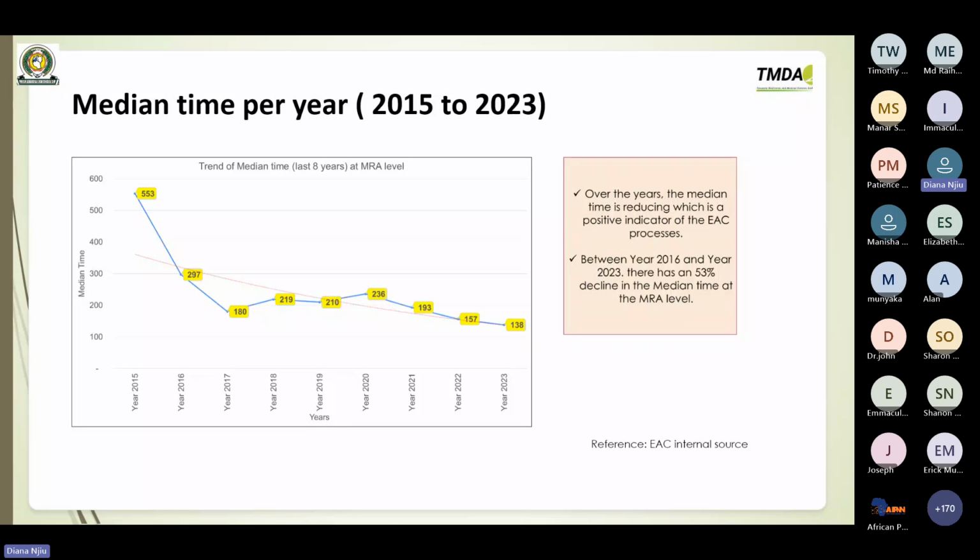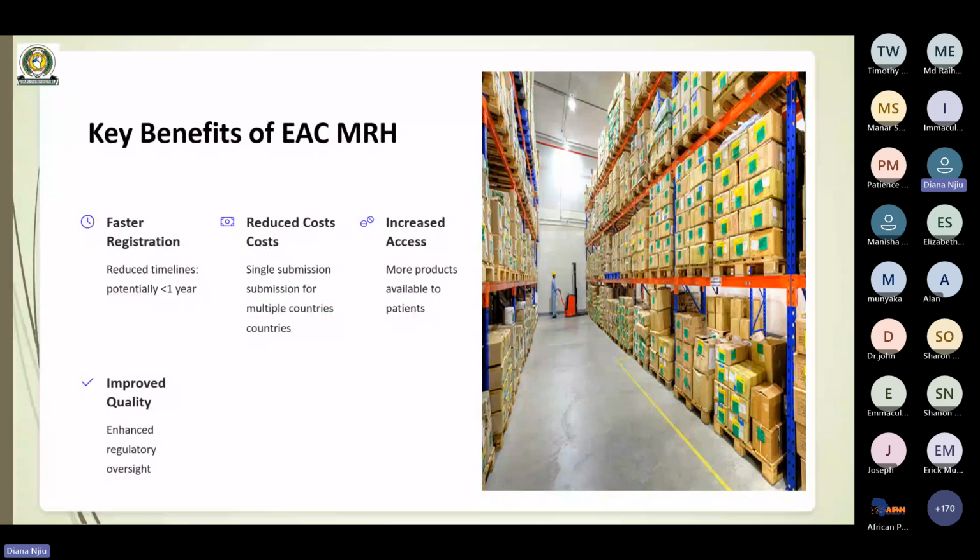So what are the key benefits of the EAC MRH? As we have said, faster registration, reducing timelines for registration, at least less than a year, 6 to 12 months. And also reduced cost. If we are aiming at having a single submission for multiple countries, it means there'll be just communication to the local technical representatives, ensuring that all the issues are resolved, and it will save some costs of approaching each individual country.